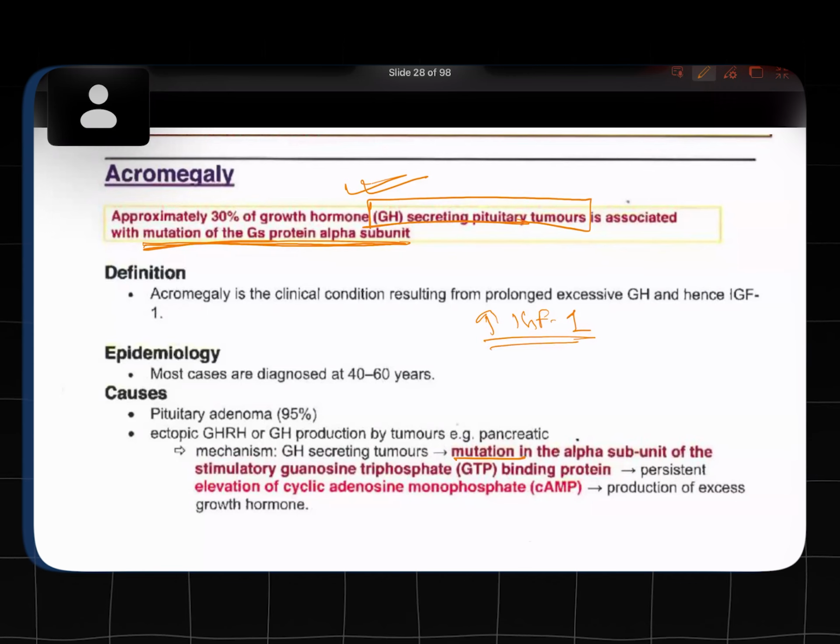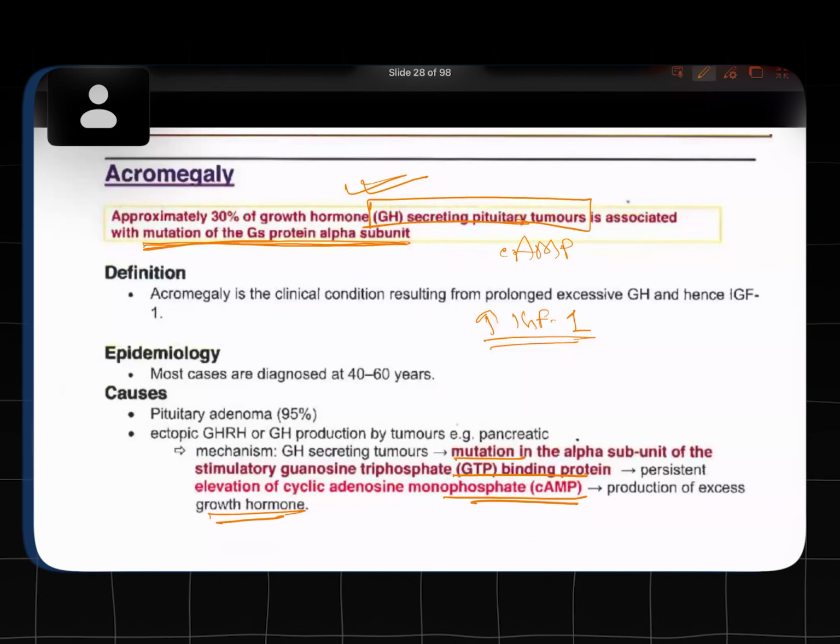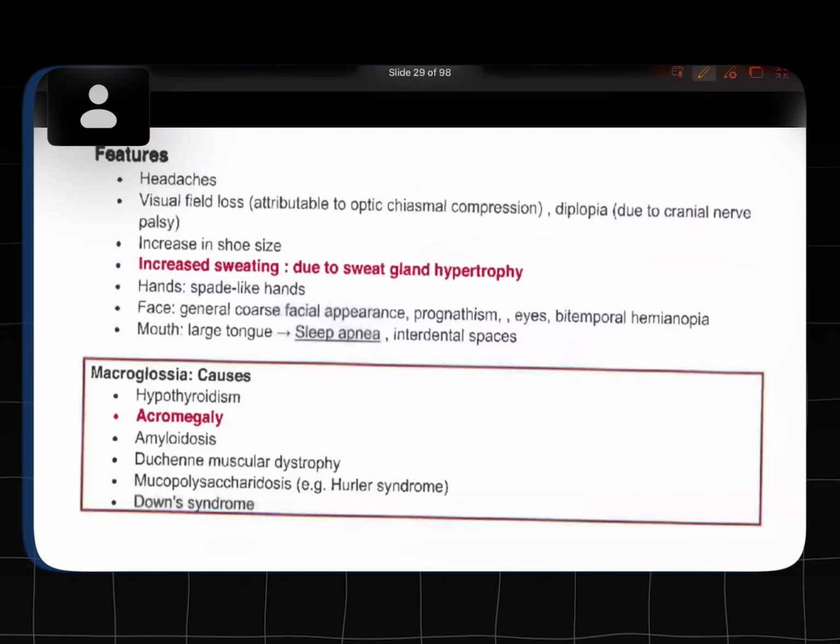Mutation in the GTP binding protein, that is the GS section, so persistent rise of cyclic AMP, excess growth hormone. As we discussed previously, the growth hormone mechanism is through the GTP binding protein, cyclic AMP, and the tyrosine kinase pathway. So mutations and raised levels cause this acromegaly.